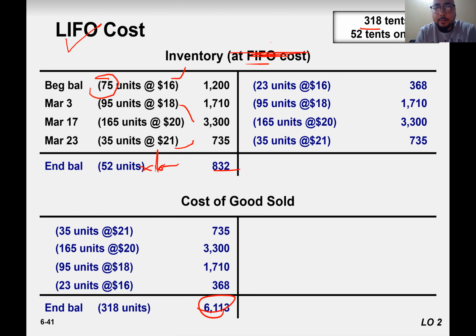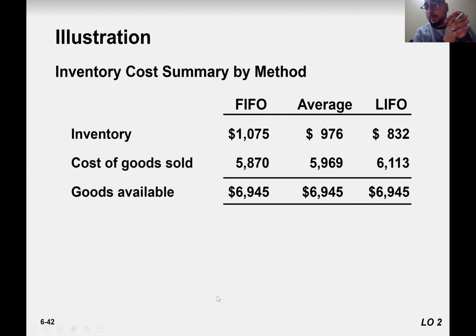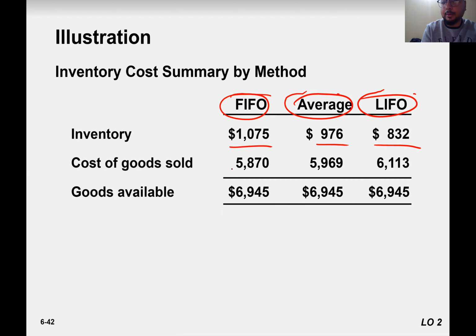So what we have got here is the inventory under FIFO, average costing, and LIFO, right? You see here, average falls in between LIFO and FIFO. Average costing inventory is 976. LIFO will give you $832 inventory, and FIFO is giving you 1075.